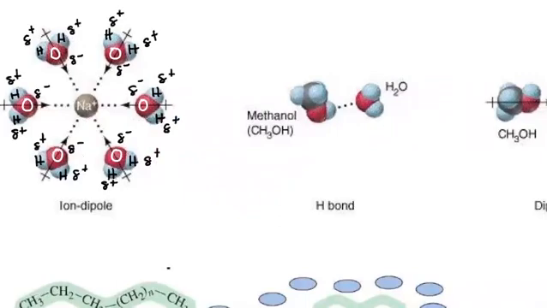Again, I'm going to write in the atoms that we have here. So on the right side, we have a water molecule. On the left side, we have methanol. So the black ball is carbon. Carbon is bonded to 3 hydrogens.